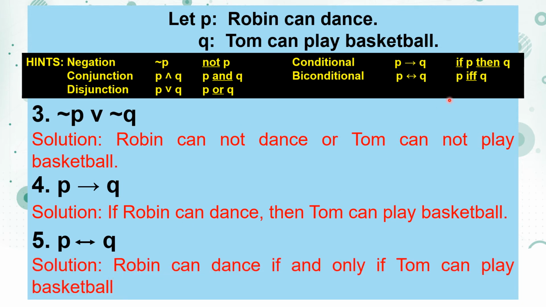And our keyword, IFF, stands for if and only if. Then our Q is Tom can play basketball. So the English statement for this mathematical statement is Robin can dance if and only if Tom can play basketball.